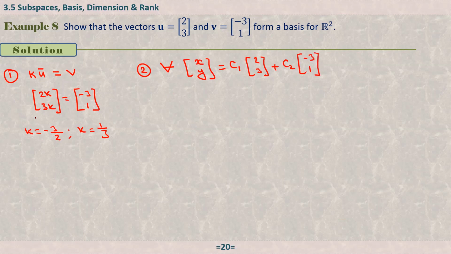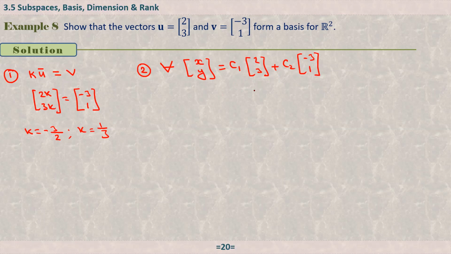We have already shown that these vectors are linearly independent. Now we have to show that they span R2, and then we can say they form a basis for R2. A basis for R2 means that using only these two vectors, we can produce any vector in R2. That's the meaning of basis.